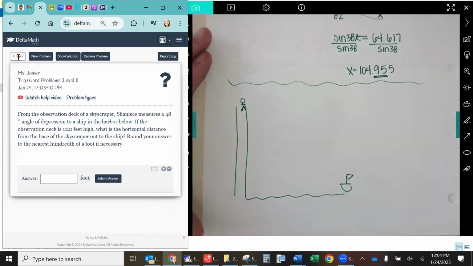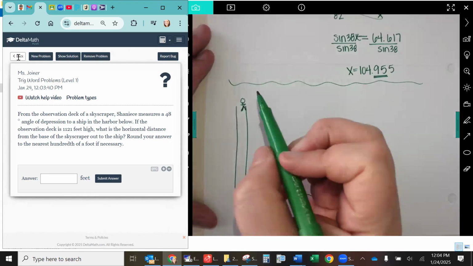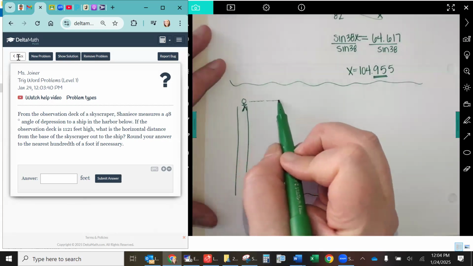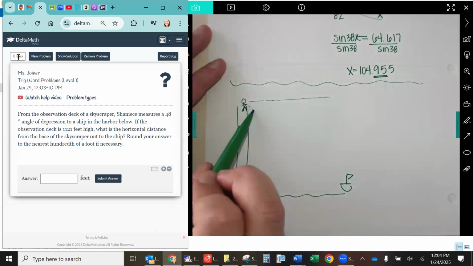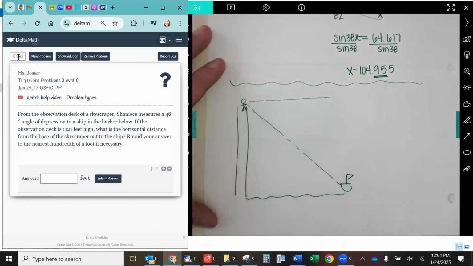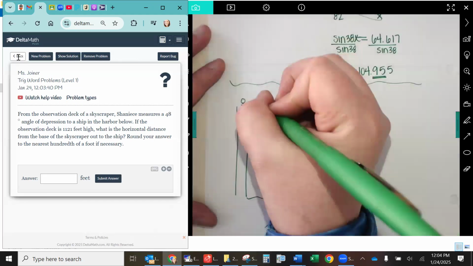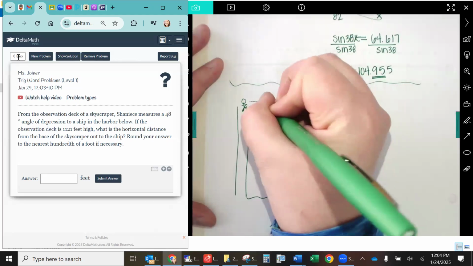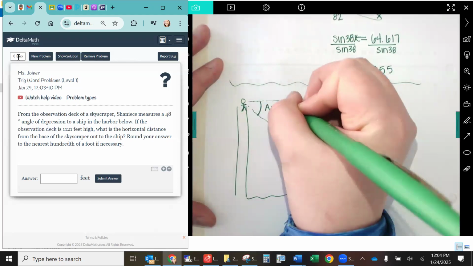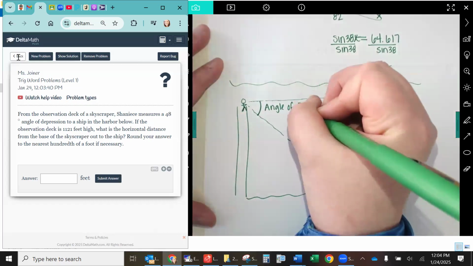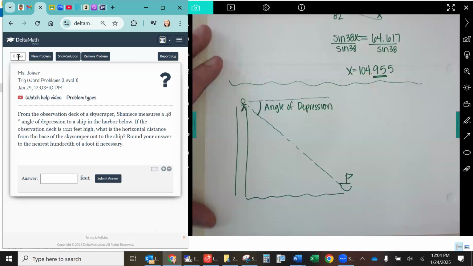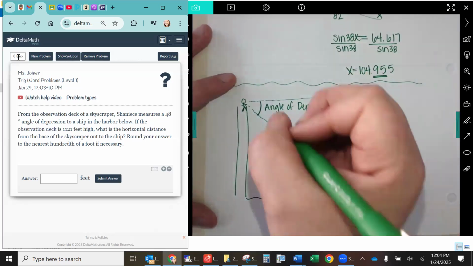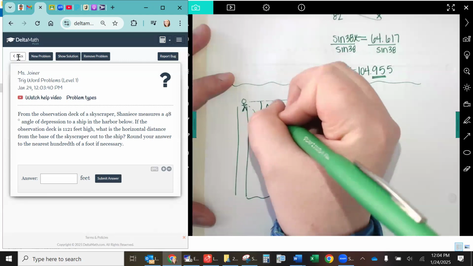An angle of depression is where you measure straight out from where Shanice is, and then you measure down to her line of sight if she's trying to look at that boat. That's your angle of depression. It says it's a 48-degree angle.